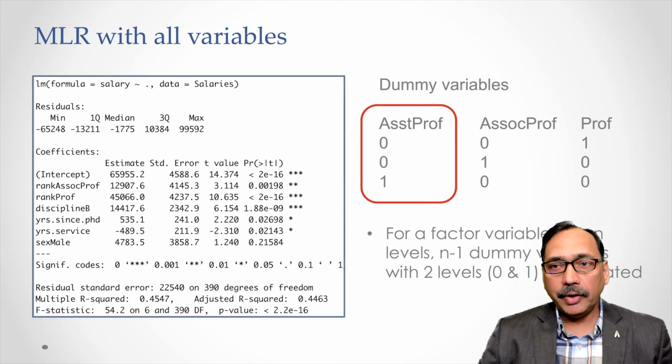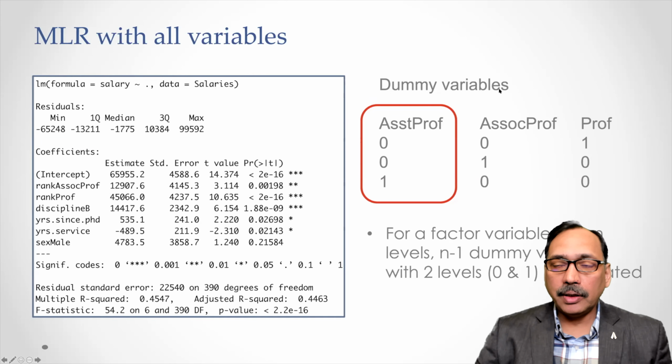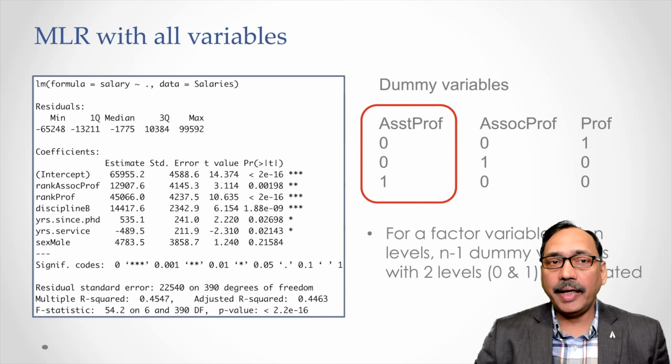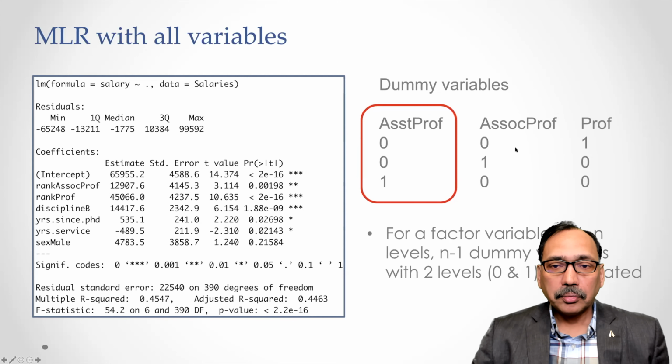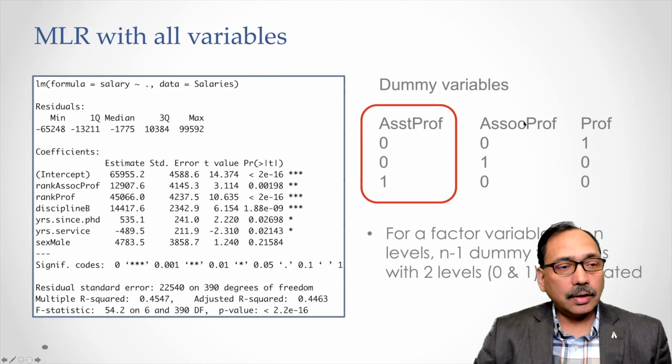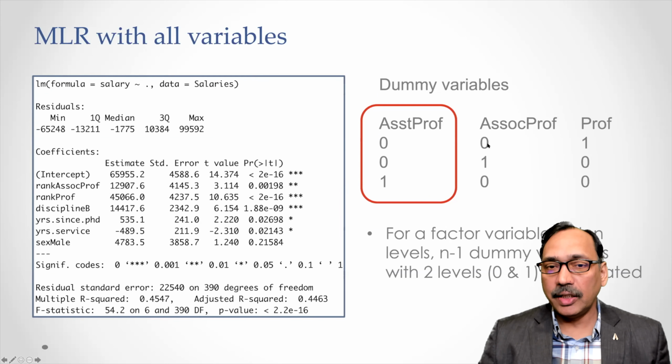What we usually do when we have a factor type of independent variable is create something called a dummy variable, where each dummy variable has 2 values, either 0 or 1. How do we do that? If you see all the 3 levels for the rank variable, assistant professor, associate, and full professor, whenever a person belongs to a particular level, that will be 1, others will be 0.